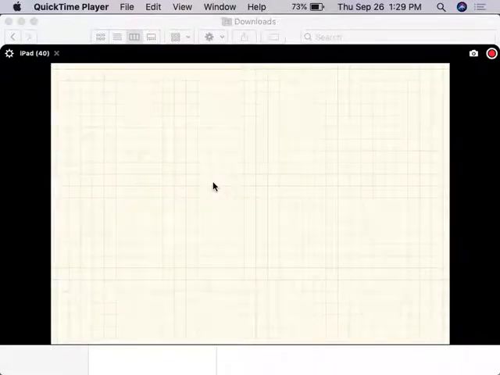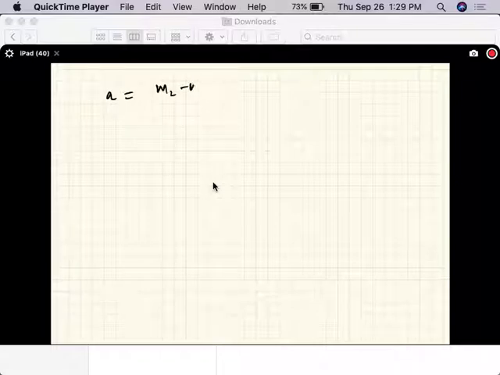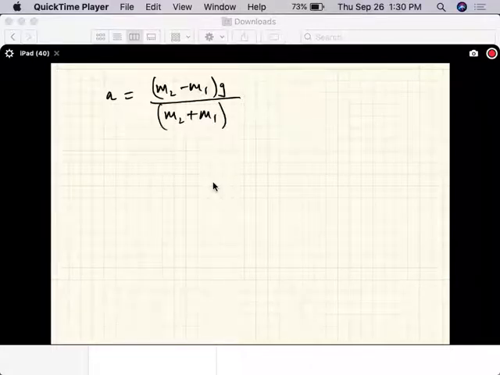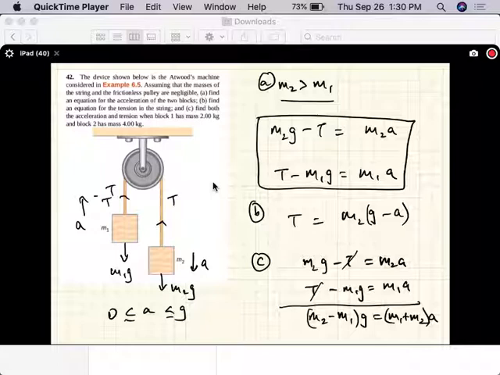So a is (M2 minus M1)g divided by (M2 plus M1). Let's fix this in a second.